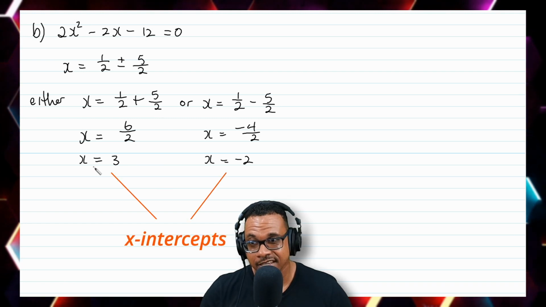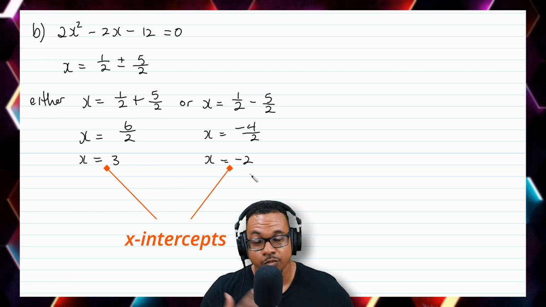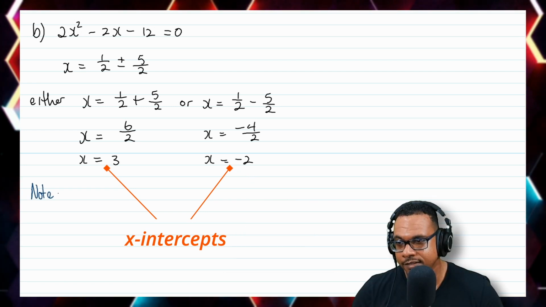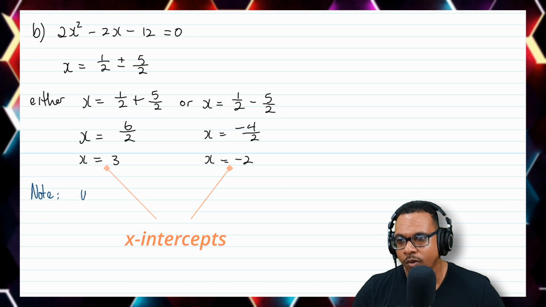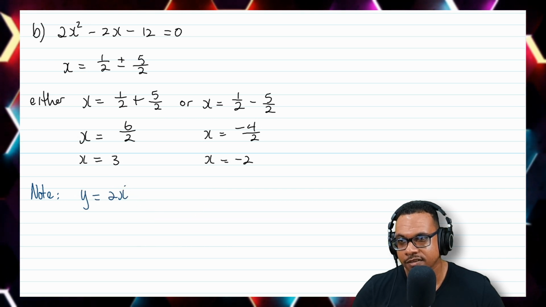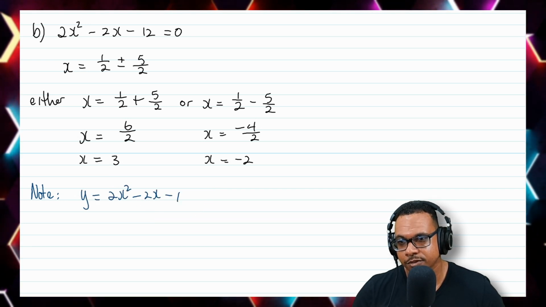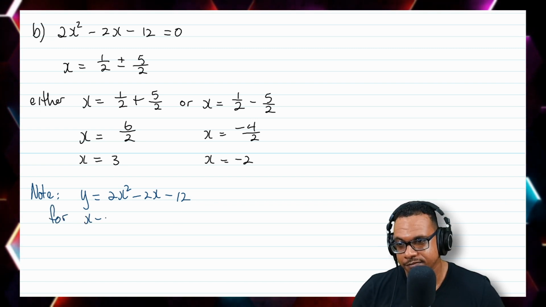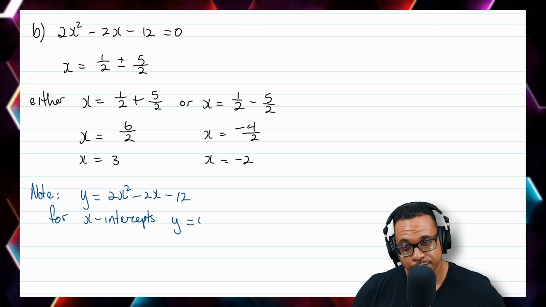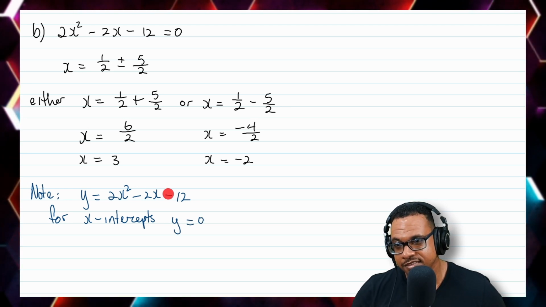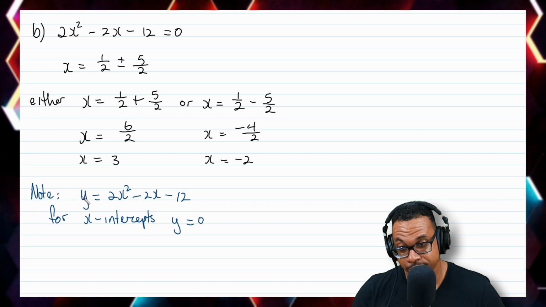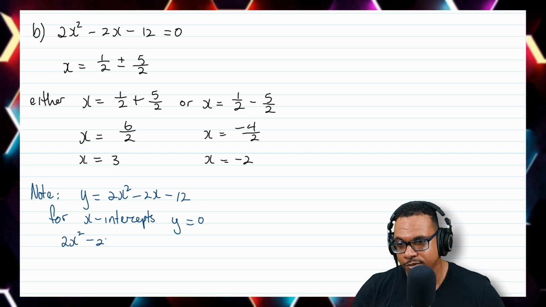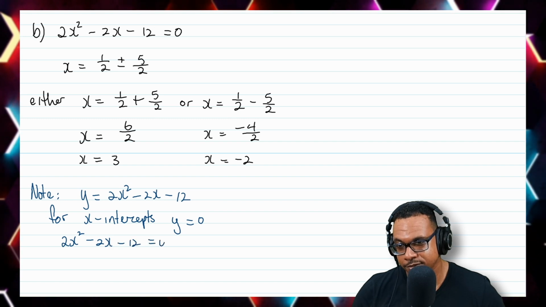So as I said, the answers to solving the quadratic would be x-intercepts on the graph. So I'm going to have note, if I had y is equal to 2x squared, take away 2x, take away 12, to draw the graph you'll put for x-intercepts, y is equal to 0, which will mean putting this equal to 0 because y is 0, which will mean 2x squared take away 2x take away 12 is equal to 0.